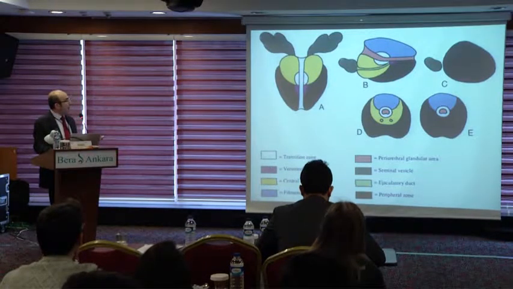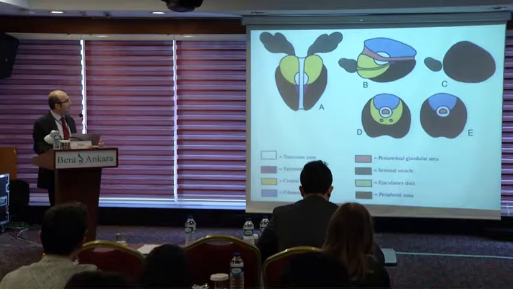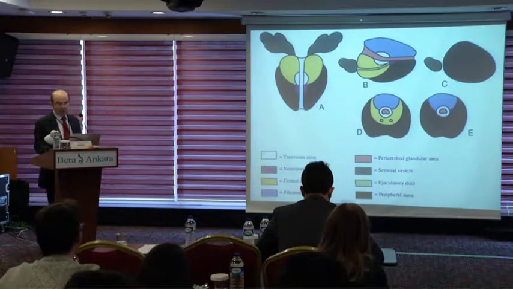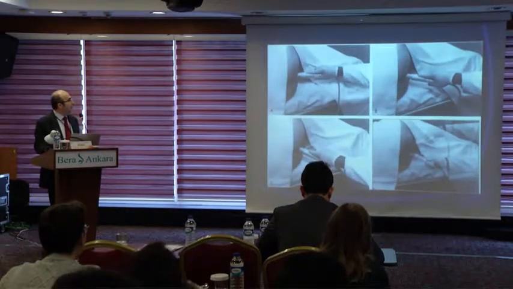But for evaluation of prostate, we use the schematic anatomy, as you see here. The inner gland of the prostate is wrapped by the peripheral zone that we see as black here. So this is our main area that we focus on during the evaluation of prostate cancer, as most of the cancers are located in the peripheral zone.